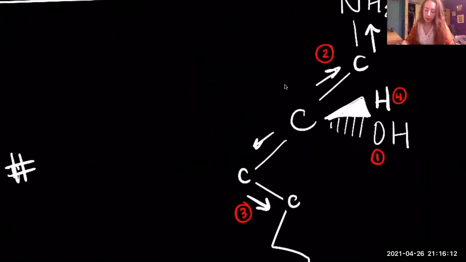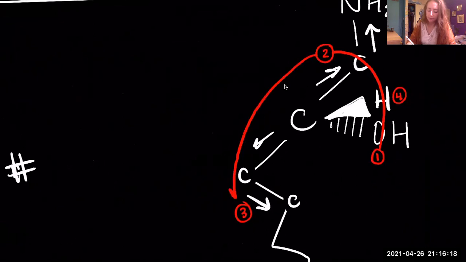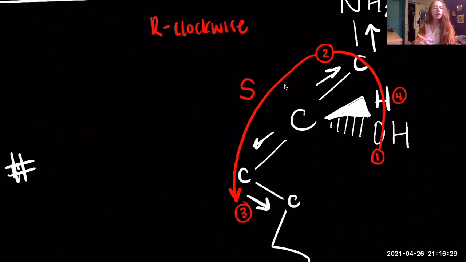Then we're going to put this all together. We're going to connect 1, 2, and 3. And this is going counterclockwise. So this is S. Right is clockwise. It's going in the right direction, this way.